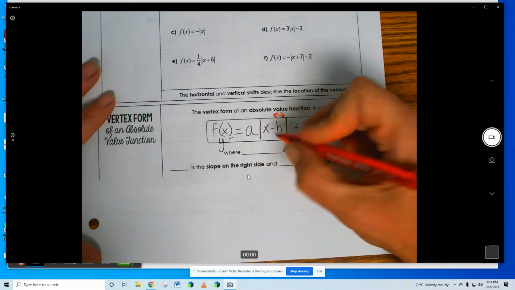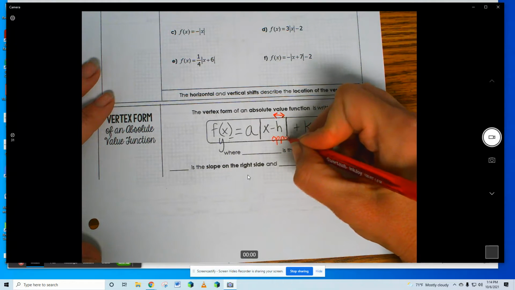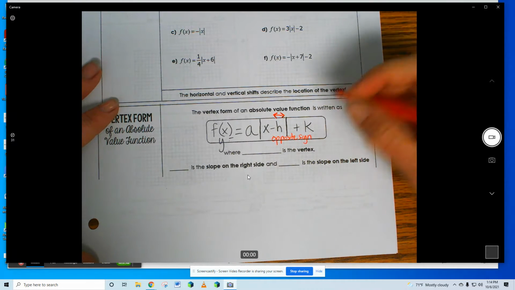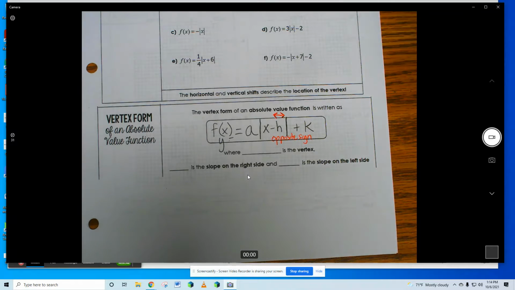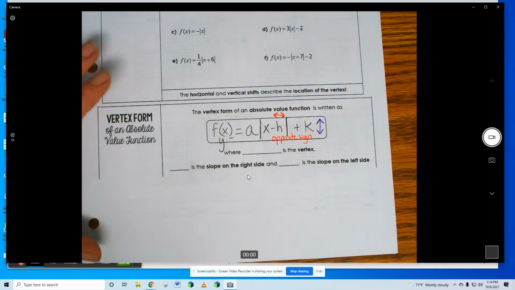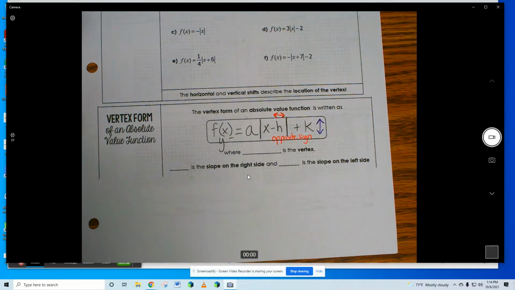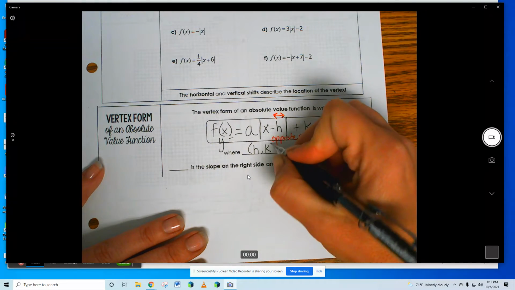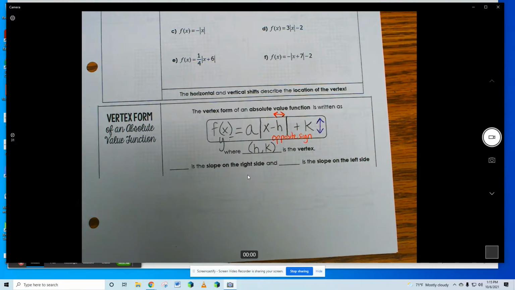And remember how it's the opposite sign? The k is the number all by itself at the end. The k will tell me if I move up or down. (h, k) is my vertex.